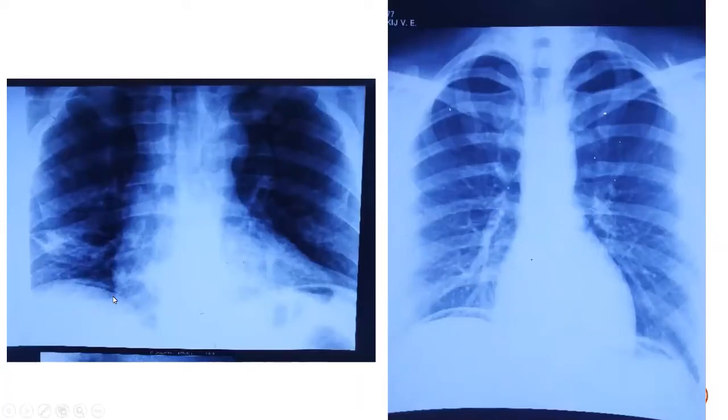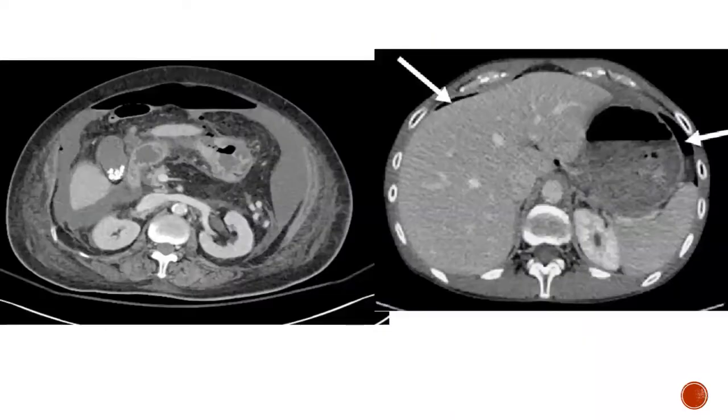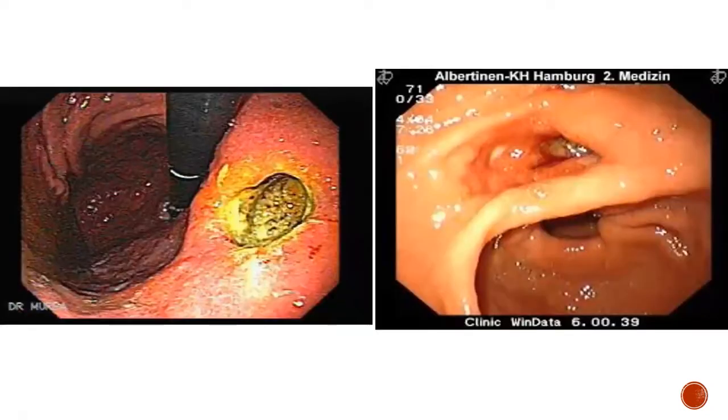And another CT picture. The free gas. And the endoscopy with the giant ulcer perforation.